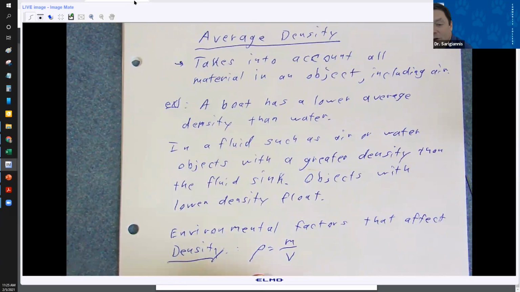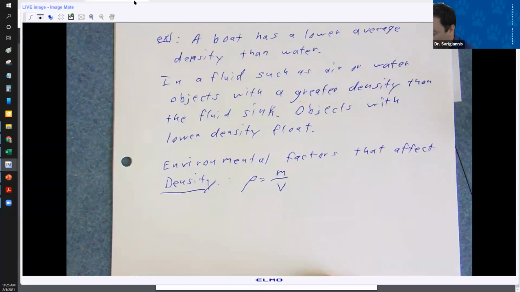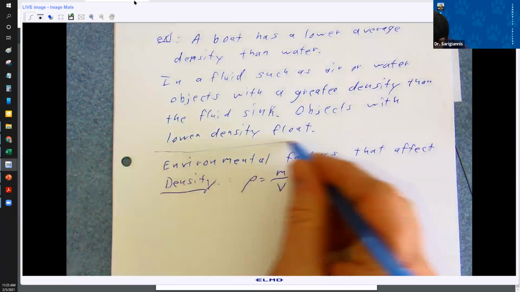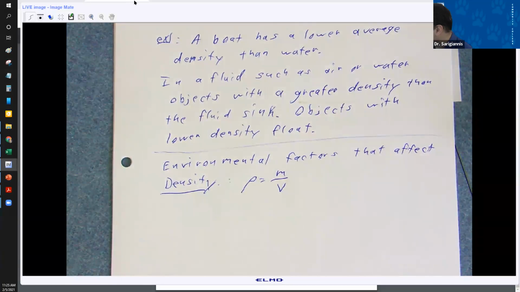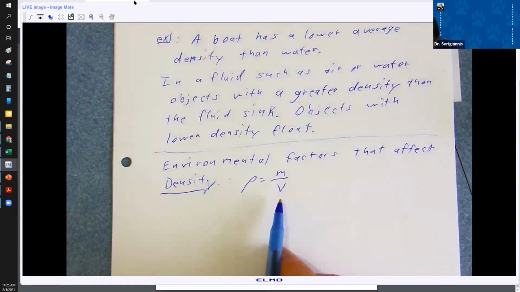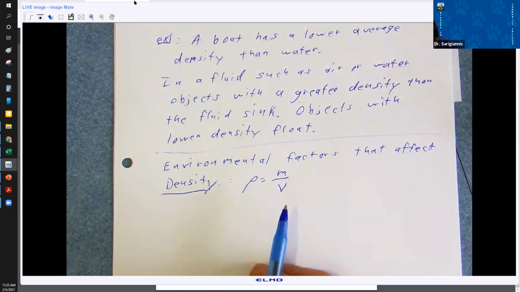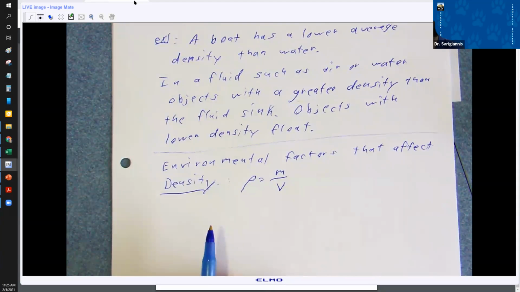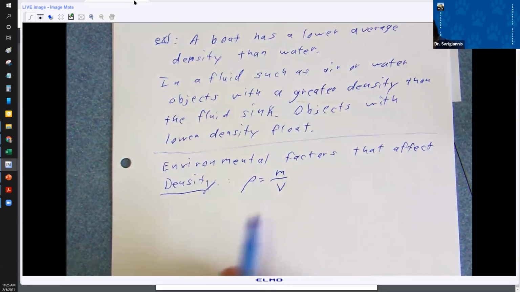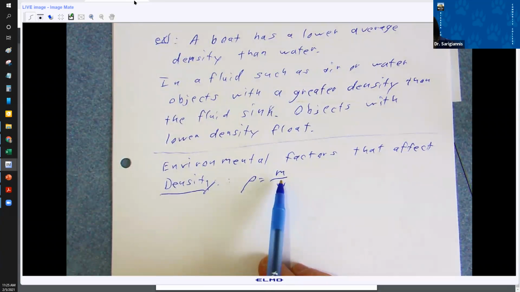Okay, so this goes back to proportionality. Let me just draw a little line here so it doesn't look like there's a break. If you have something sitting outside, there are going to be some environmental factors that affect it. Now, mass is typically constant, right?